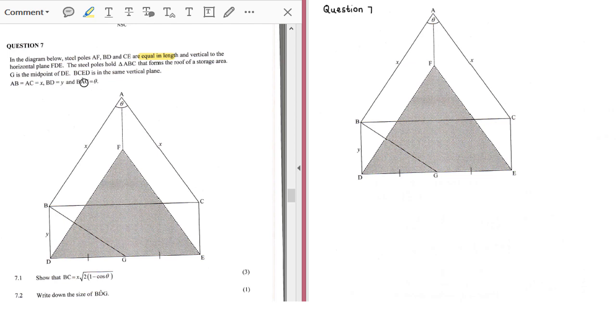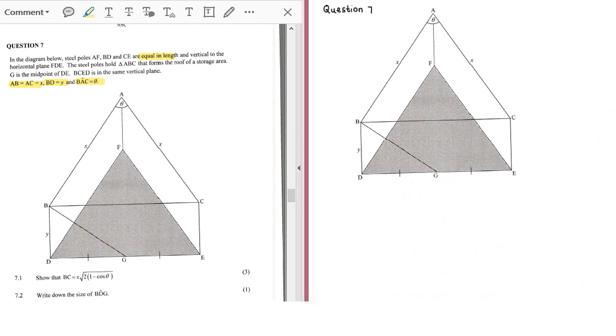G is the midpoint of DE, and BCDE is in the same vertical plane. AB is equal to AC, which are both equal to X, and BD is equal to Y, and the angle BAC is equal to theta.